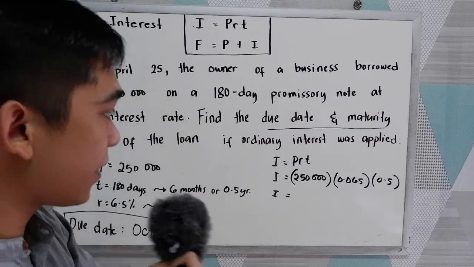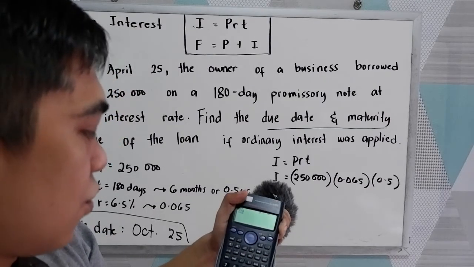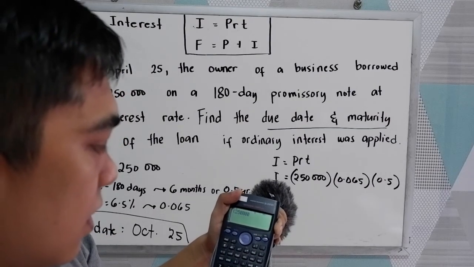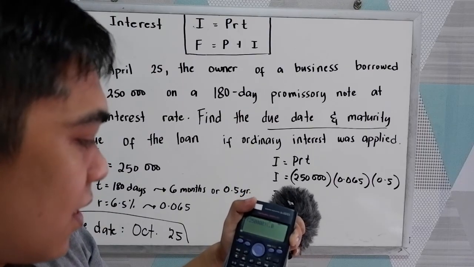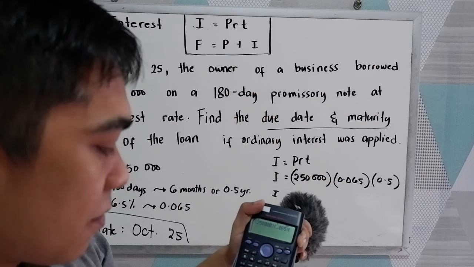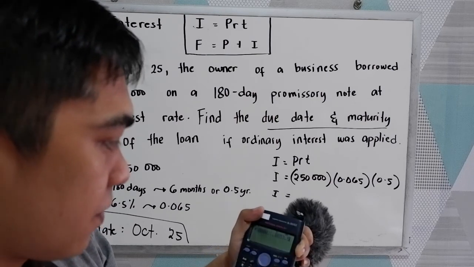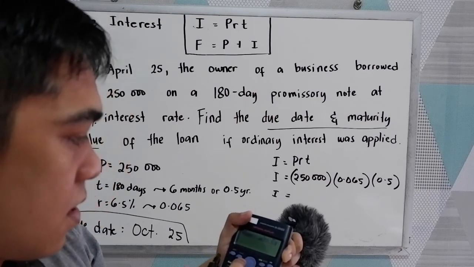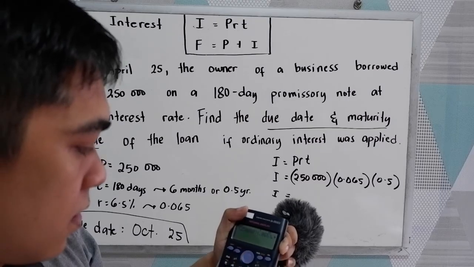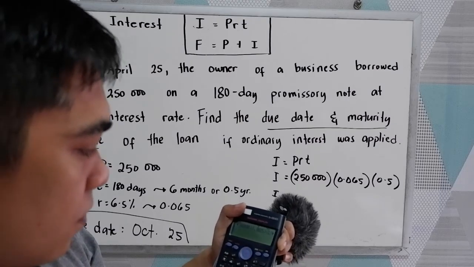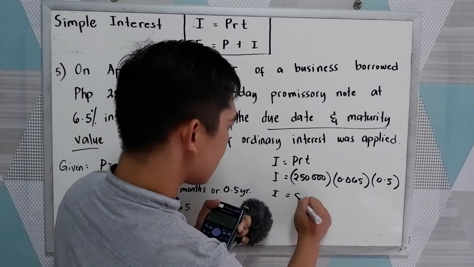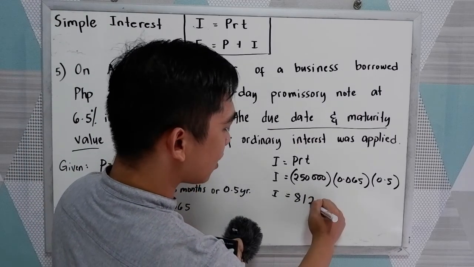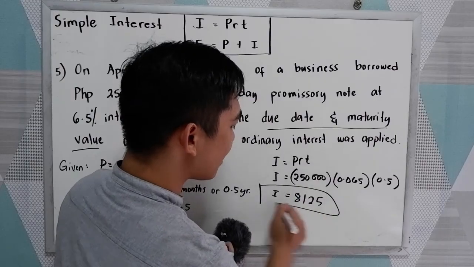Now we are ready to find the interest. 250,000 times 0.065 times 0.5 is equal to 8,125. That is the interest.